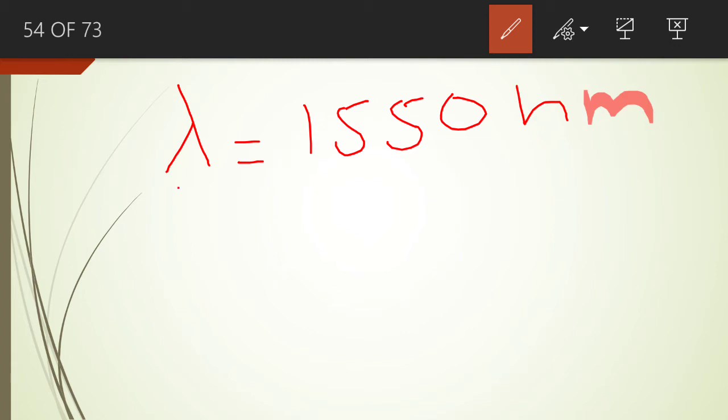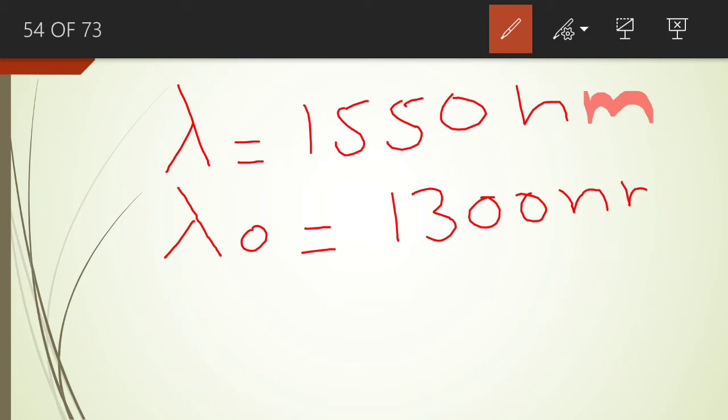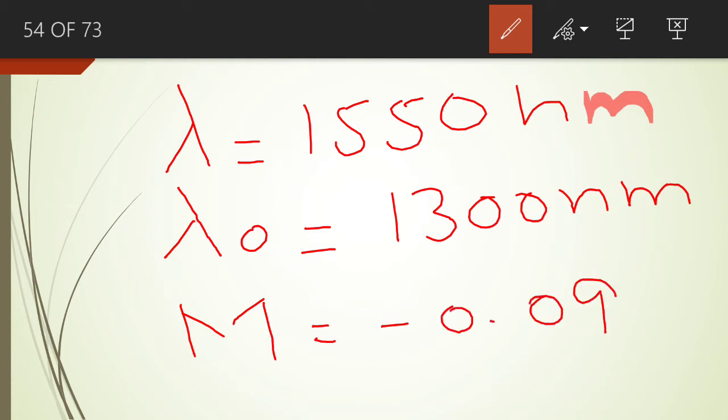Lambda naught in this particular case is 1300 nanometer, and m naught in this particular case is minus 0.095.